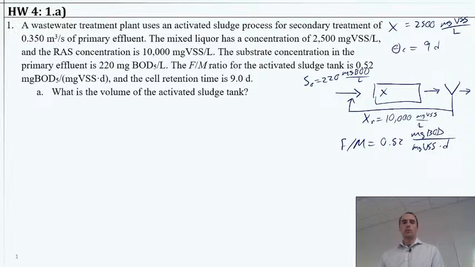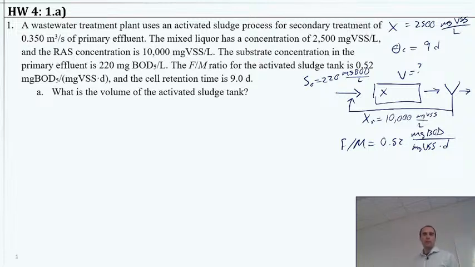So given all that, we need to have some way to find the volume. Now, we're given a flow rate, we're given several parameters, and so as we think about how to get to the volume, we might be thinking, well, do we have the residence time? We don't have the residence time per se, but we do have the cell residence time, so maybe we can possibly use that.